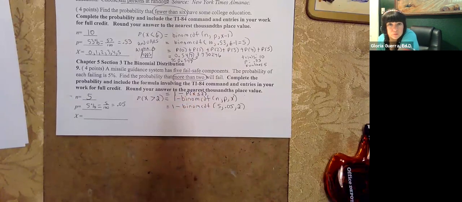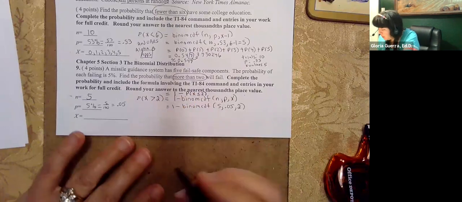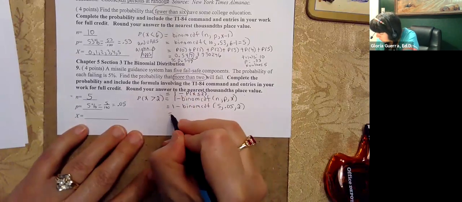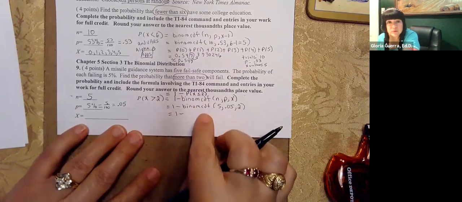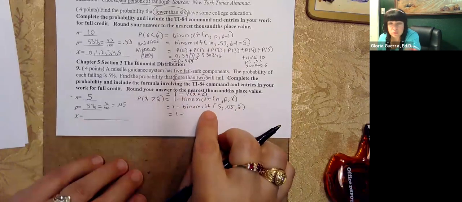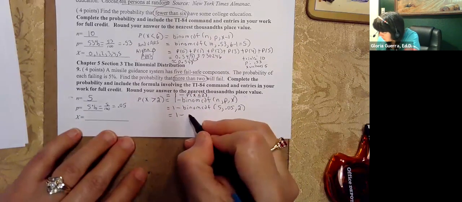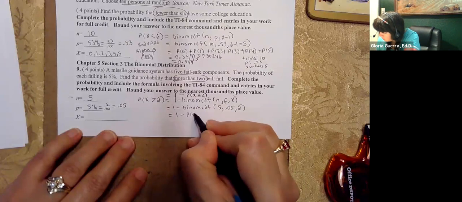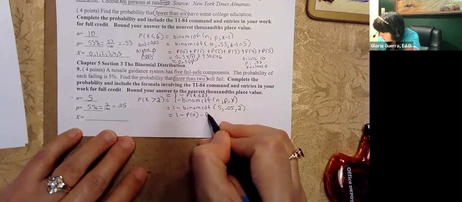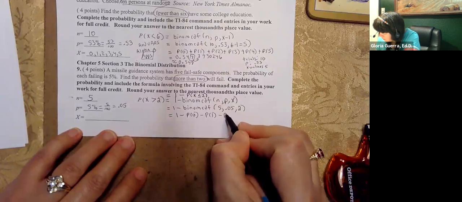Okay. All right. So then what does this look like? Before I use my calculator, what does this look like? 1 take away, remember, CDF starts from 0. So you're taking away P of 0, taking away P of 1, taking away P of 2.